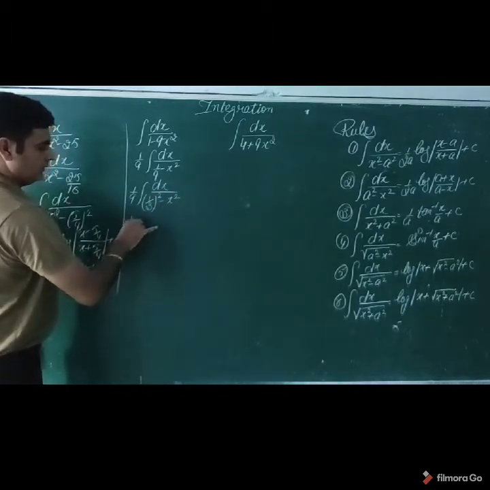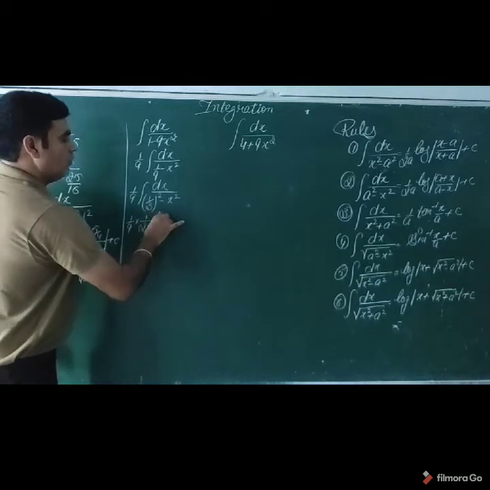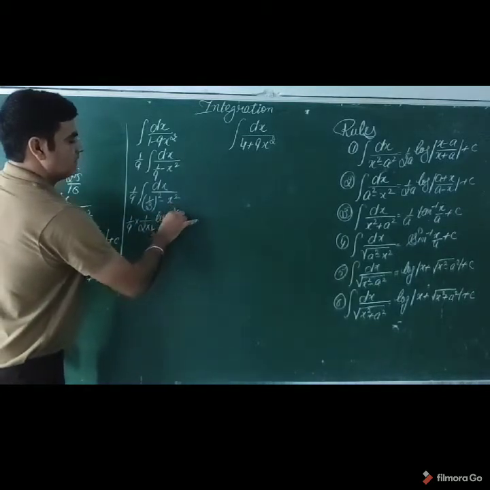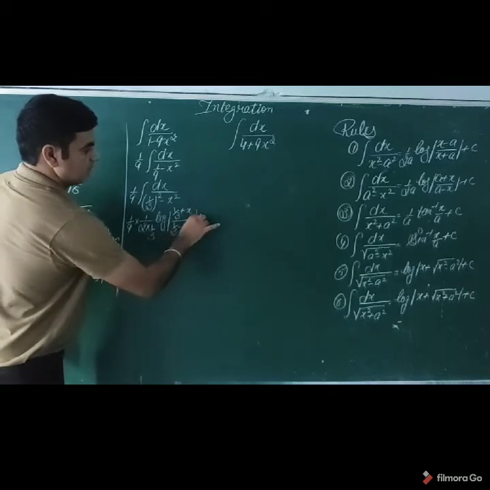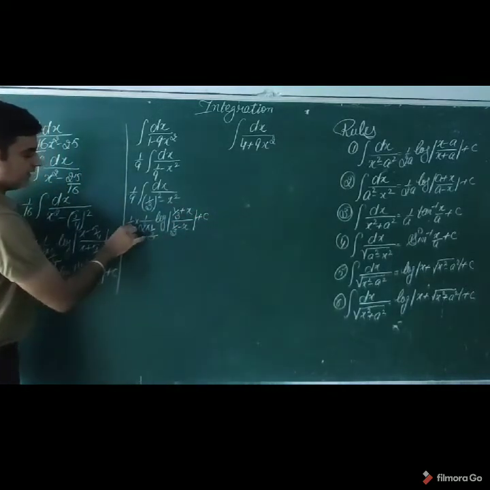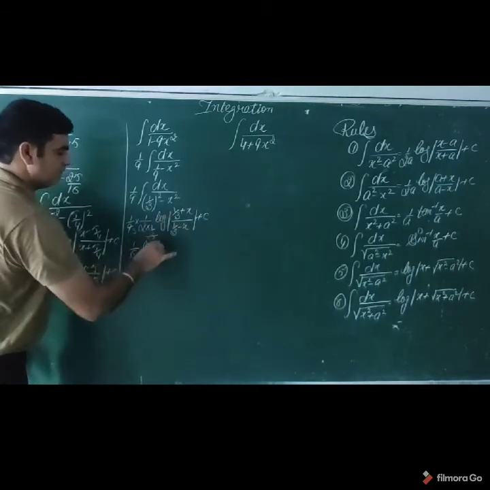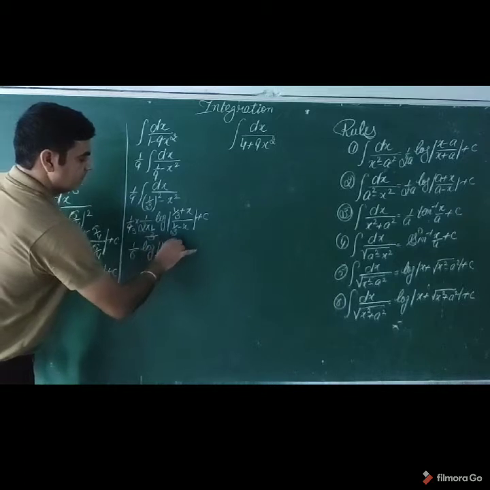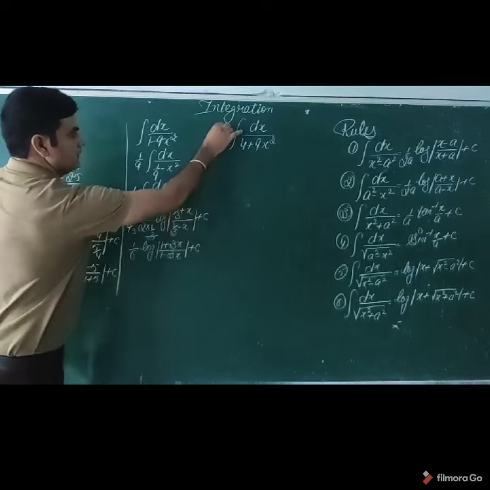According to the rule, it is given by 1 by double of a, log of a plus x divided by a minus x, plus c. Here 3 cancels out 9 and 3, so it becomes 1 by 6 log of, if we simplify, 1 plus 3x divided by 1 minus 3x, plus c.